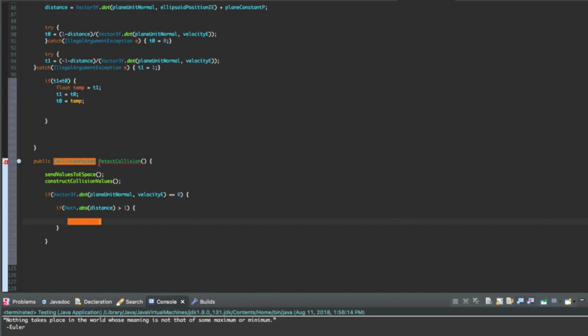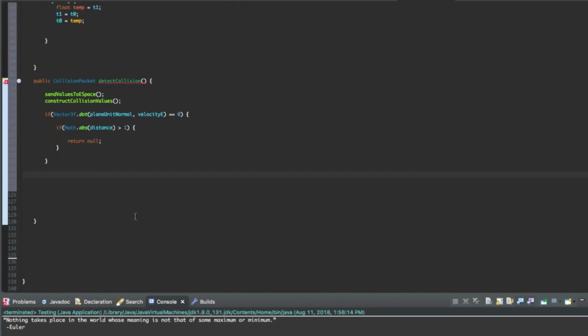Else, now we're catching if t0 and t1 are outside of the potential time ranges, the parameterization of t between 0 and 1, then we also want to return null. So if t0 is less than 0 or t0 is greater than 1, and then we also want to do that for the other side as well.